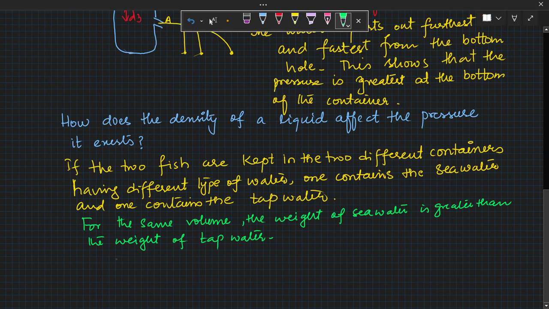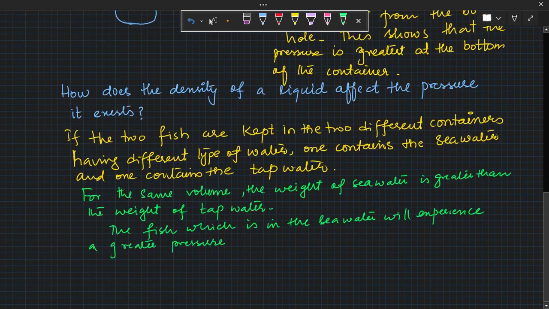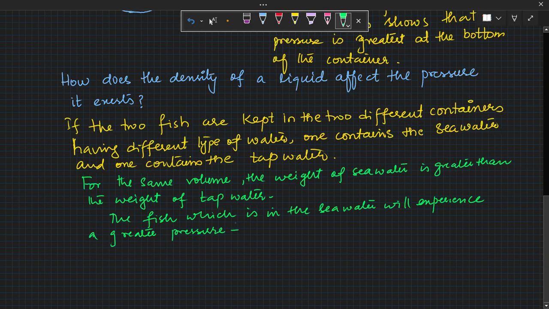So the fish which is in the seawater will experience a greater pressure compared to the other fish.